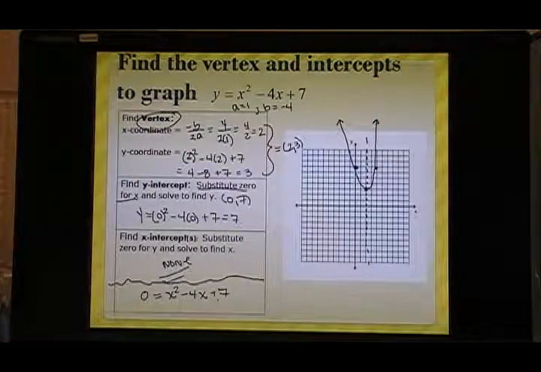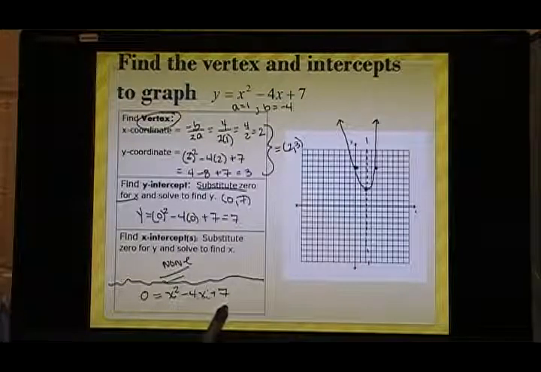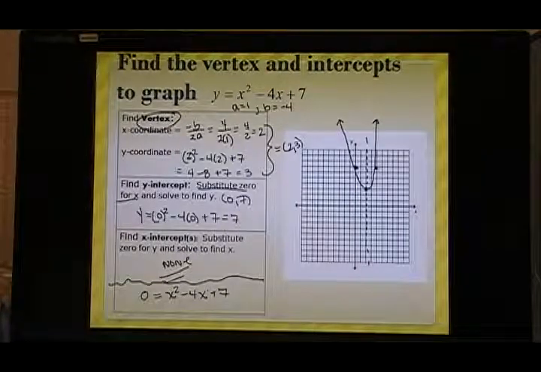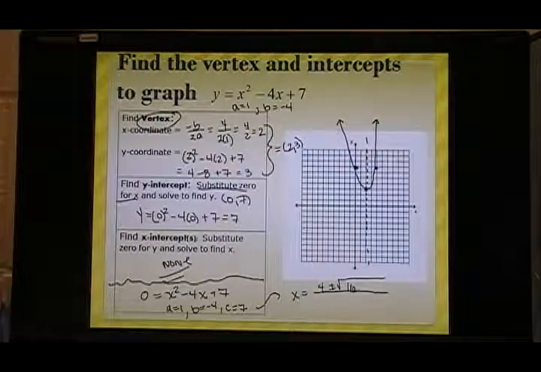This isn't factorable, so we can either solve this using the quadratic formula or by completing the square, either way.